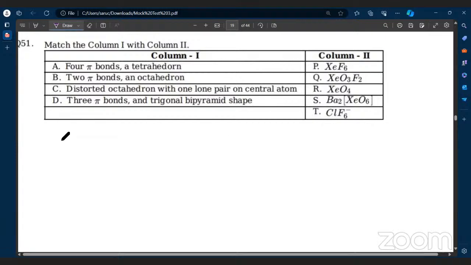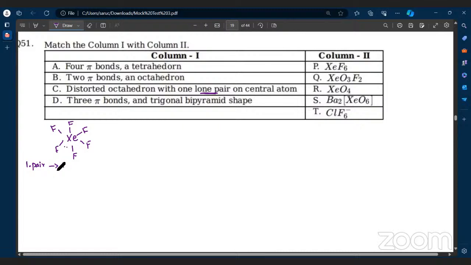So first, just draw the structure of XeF6. XeF6 is going to be octahedral. Now here lone pair is given, pi bond is given. Is there any lone pair? Yes, one lone pair.